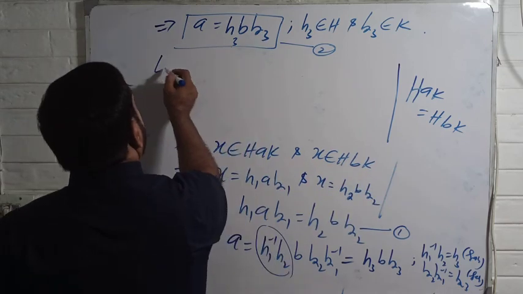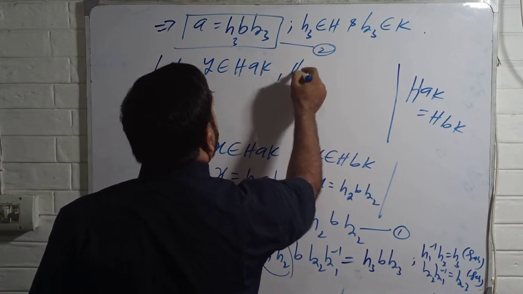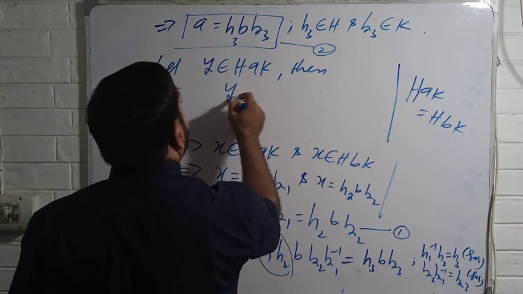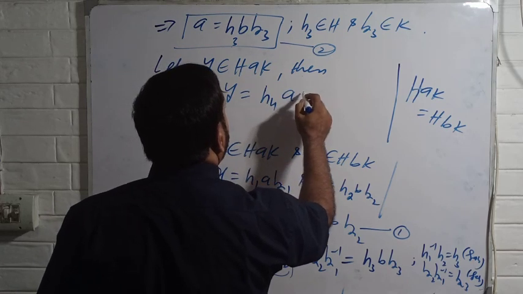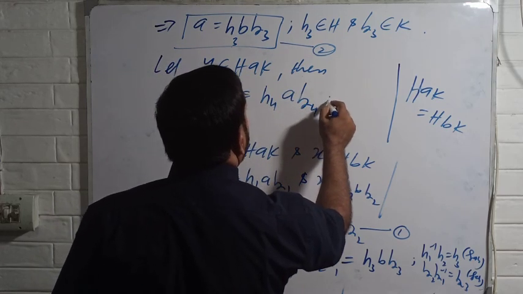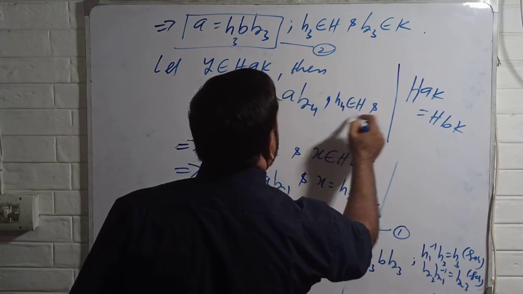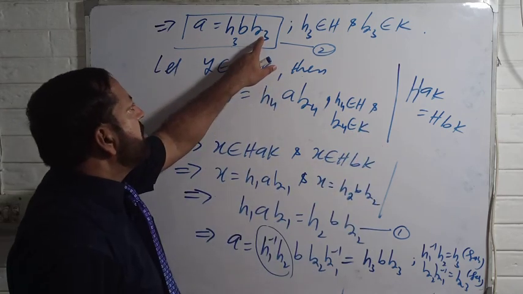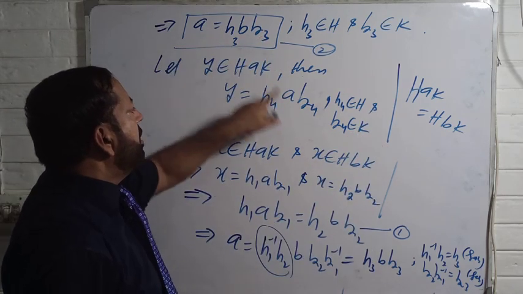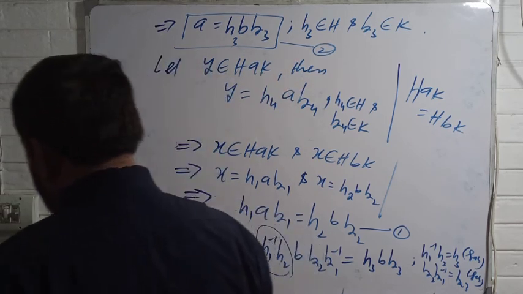Let Y belong to HAK, then of course Y is equal to H4 A K4, where H4 belongs to capital H and K4 belongs to capital K. Now putting the values of A here from 2, what are you getting?